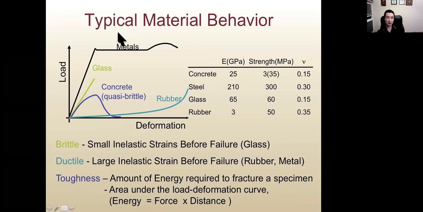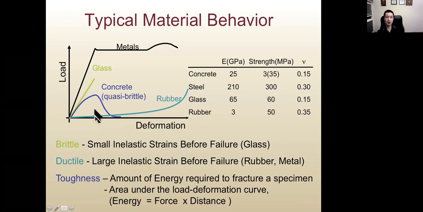But after that, we have also inelastic strain. So metal has a lot of inelastic strain before failure at this point, and rubber can take more load up to here. So both metal and rubber have very large inelastic strain before failure.